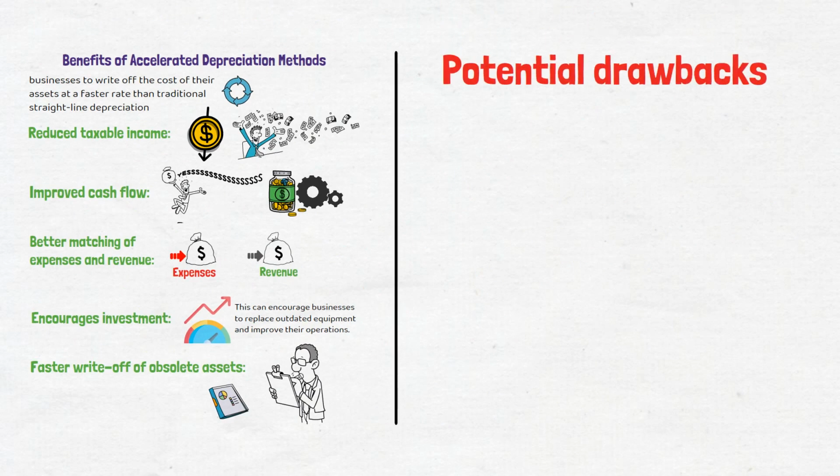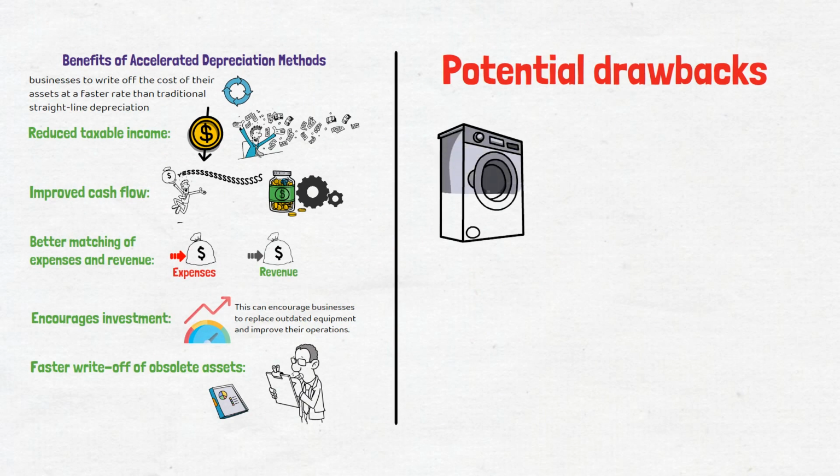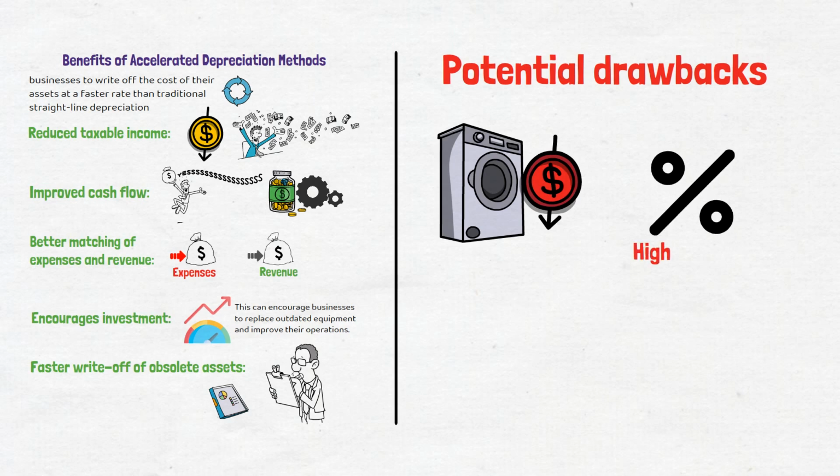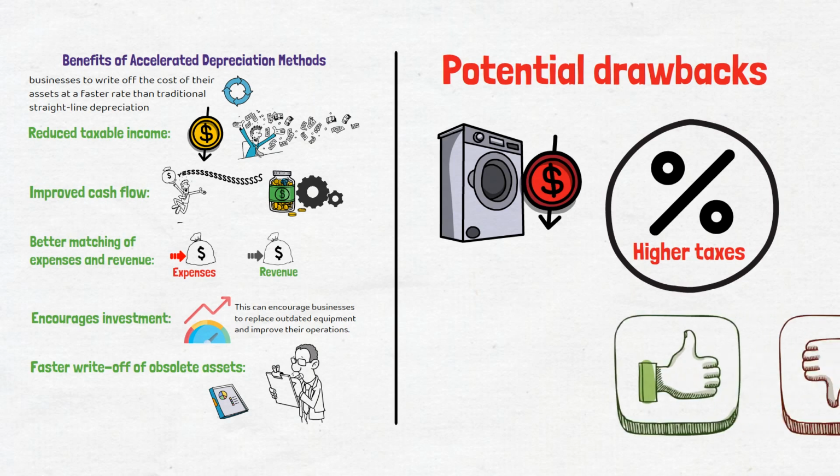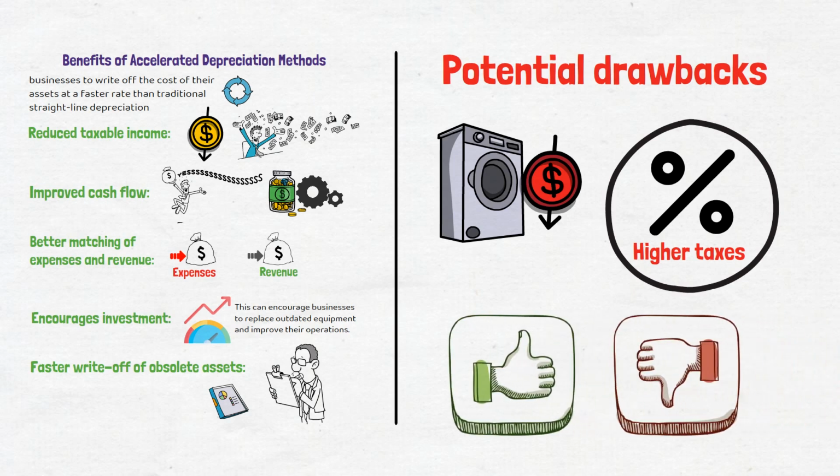These methods can result in lower book values for assets, which can impact financial statements and asset values. Additionally, accelerated depreciation methods can limit the depreciation claimed in later years, potentially resulting in higher taxes. As with any financial decision, it is crucial to weigh the benefits and drawbacks of accelerated depreciation methods and consult with financial professionals before making any decisions.